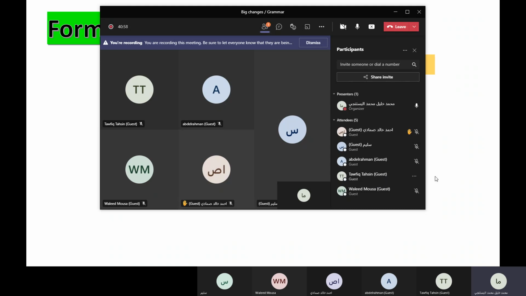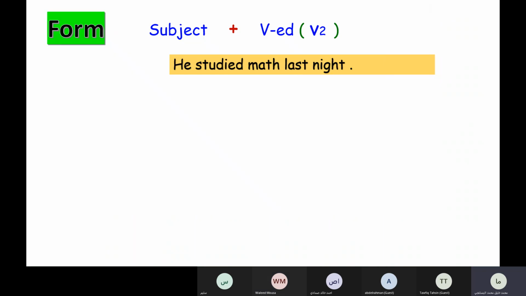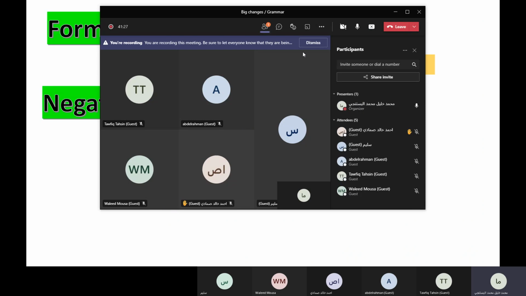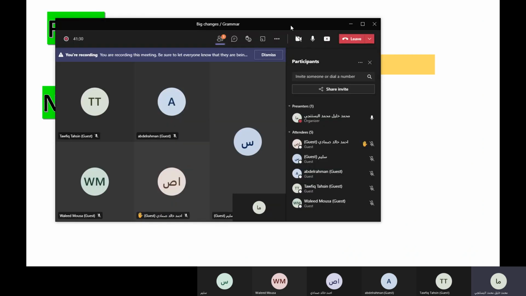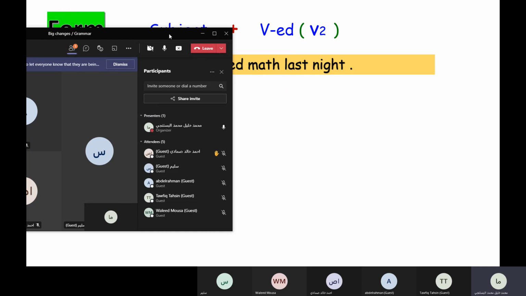Walid, are you here? Read the sentence on your screen. If you want to form the past, we use subject plus verb 2. Read the example.